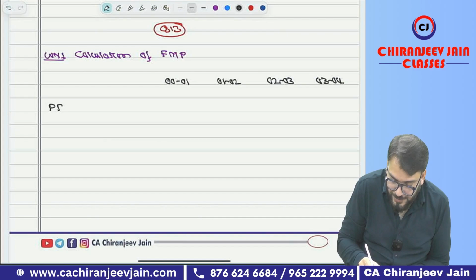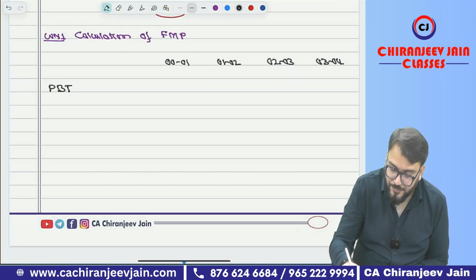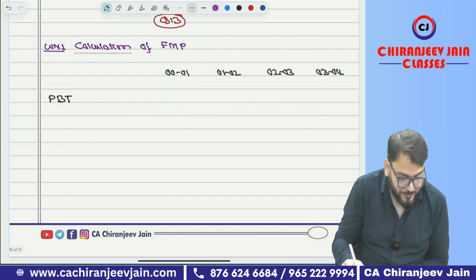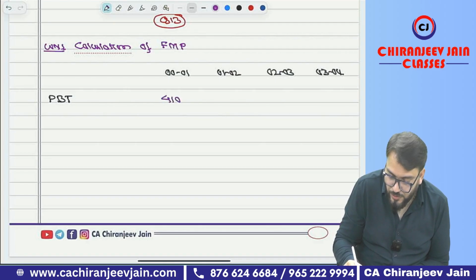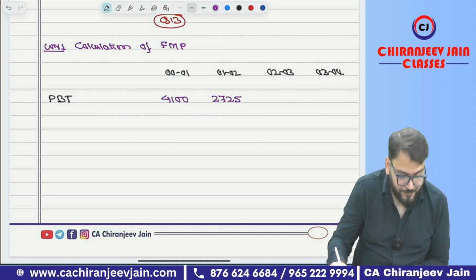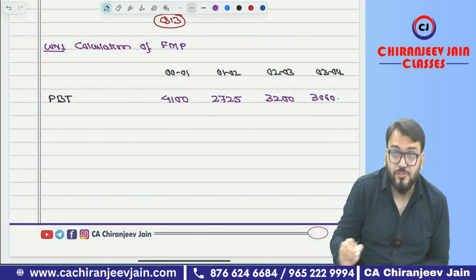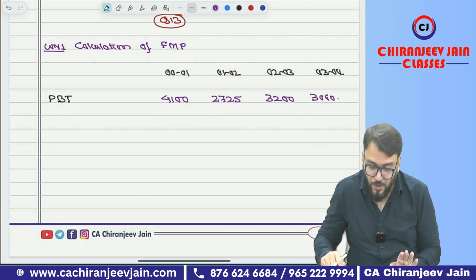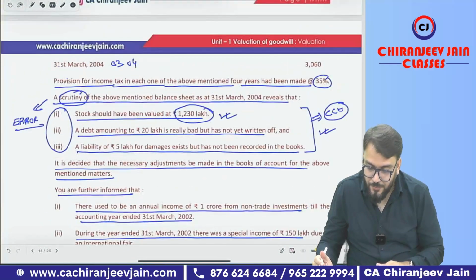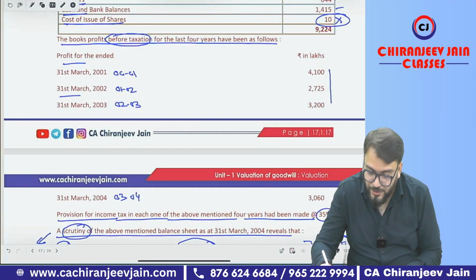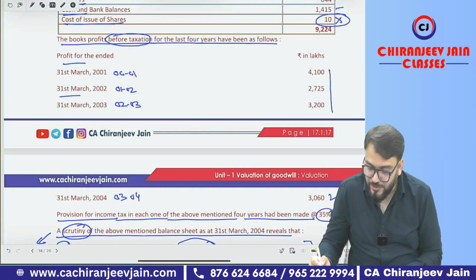They have given PBT, profit before tax. How much have they given? It is 4,100, 2,725, 3,200 and 3,060. Okay, this is the profit before tax they have given. We have written down these: 4,100, 2,725, 3,200, 3,060.